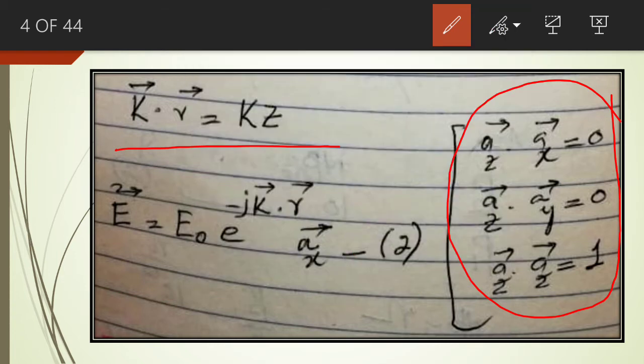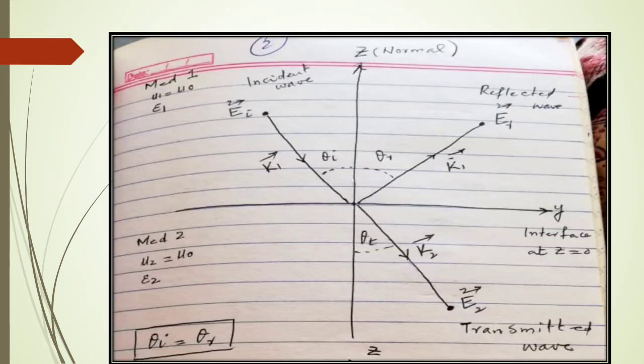So we can represent the electric field intensity of the light wave with the help of equation number 2, and equation number 2 gives you the electric field intensity of the light wave in a lossless medium. Definitely we shall assume that medium number 1 as well as medium number 2 is a lossless medium. We shall consider the figure in this diagram.